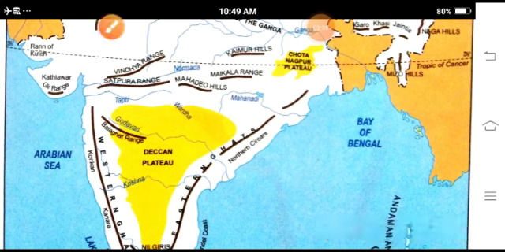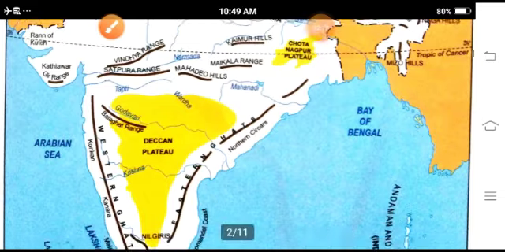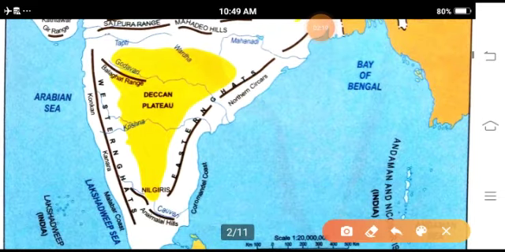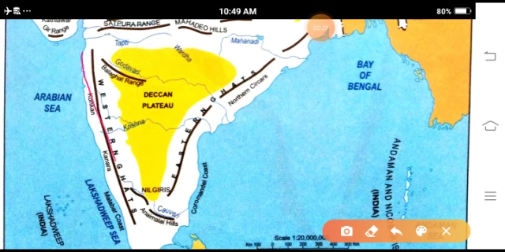Now, for the ghats, you have to see the two ghats. One is the Western Ghat, lying in the southwestern part of India, and in the south east of India it is the Eastern Ghat.